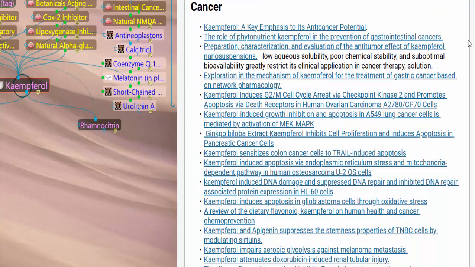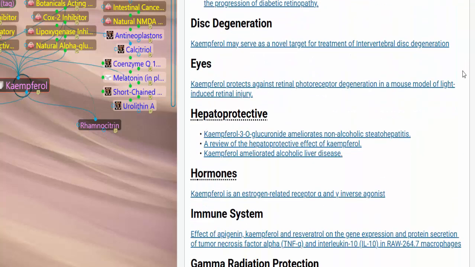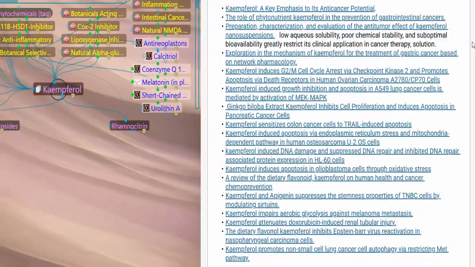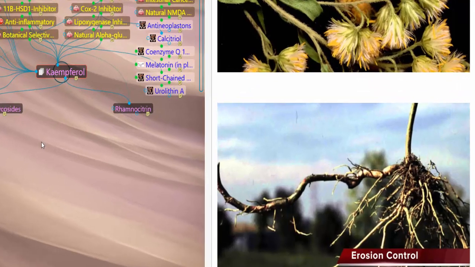Effects on things like cancer, cellular repair, diabetes, the eyes, the immune system, and so that's an important one. And we see that it's also in ginkgo, broccoli, cabbage, endive. Let's just go back to goldenrod here.